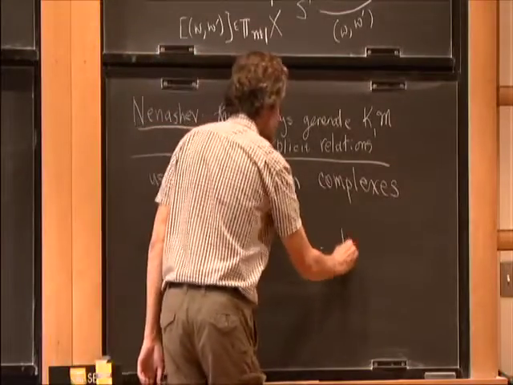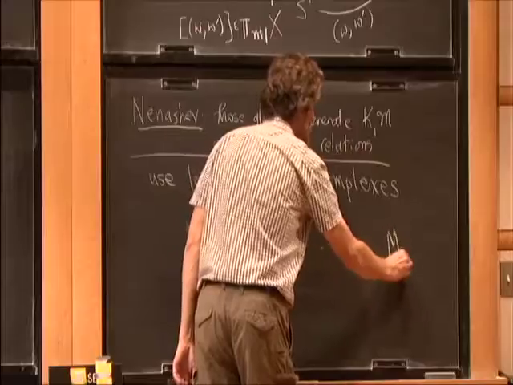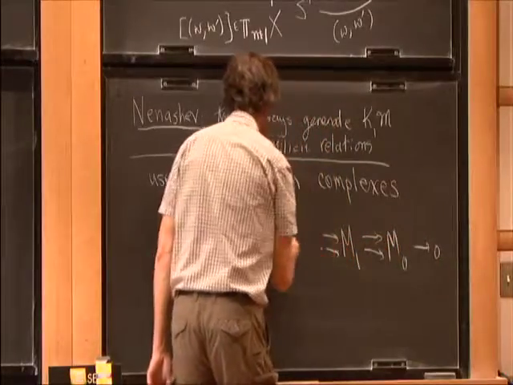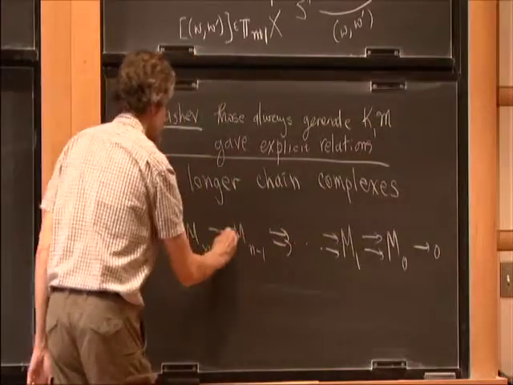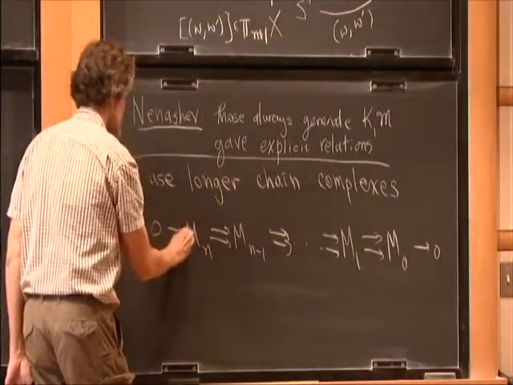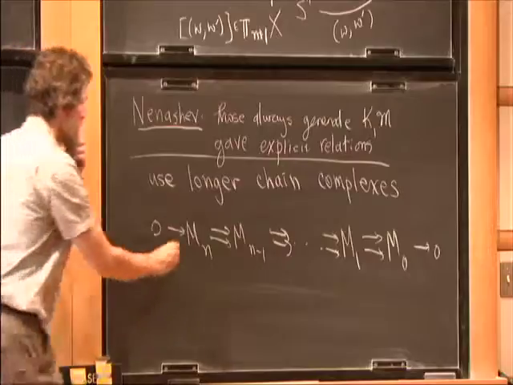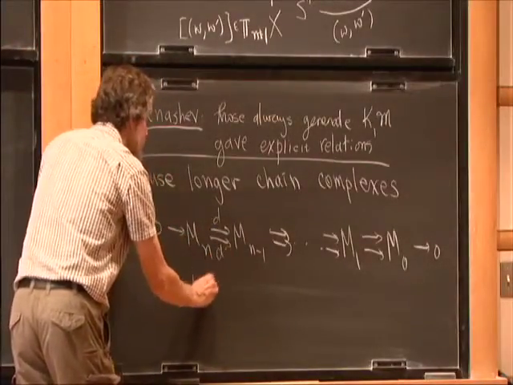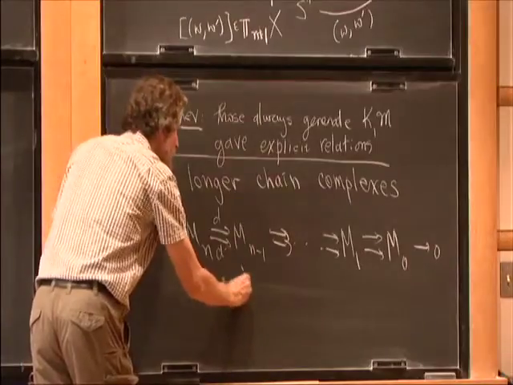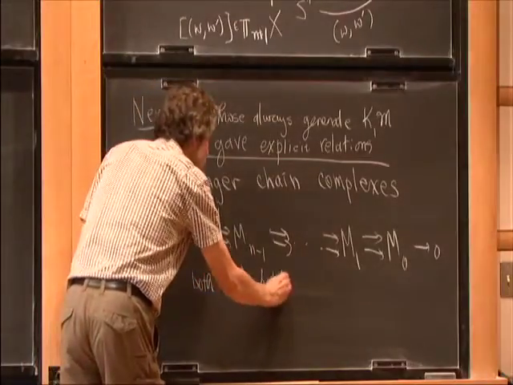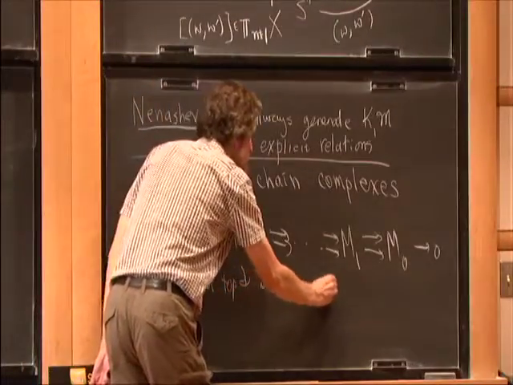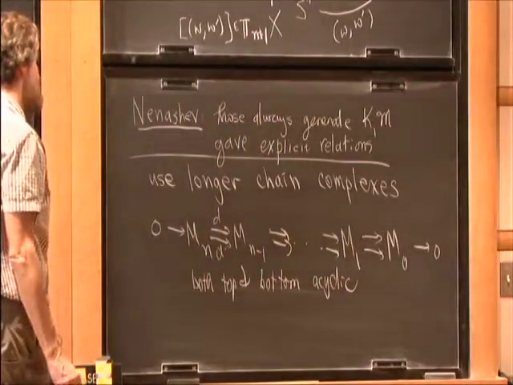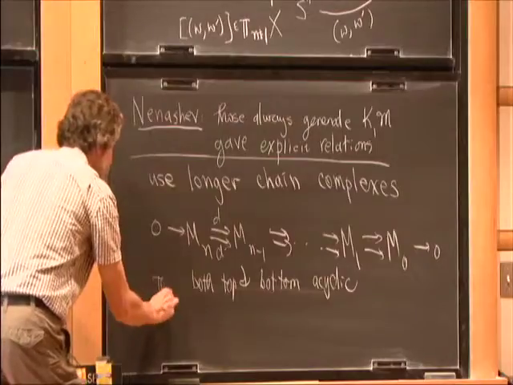You might have a sequence of objects, and you might have two ways of putting differentials on it, unrelated to each other, so that both ways are acyclic. Both top and bottom are acyclic. And then these also give classes in K1.